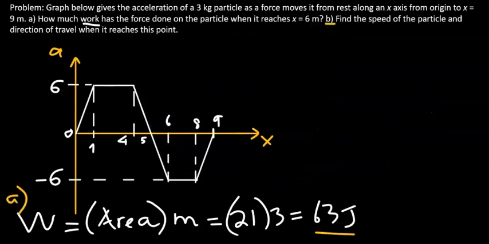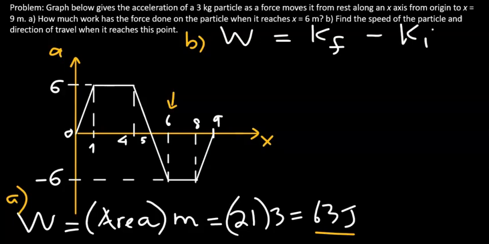Now let's do part B, the speed of the particle when it gets to x equals 6. Let's use the work kinetic energy theorem. Work equals the change in kinetic energy, so the final kinetic energy minus the initial kinetic energy.